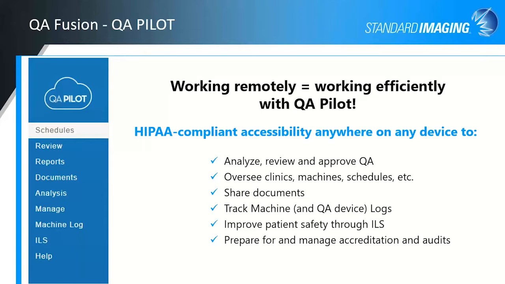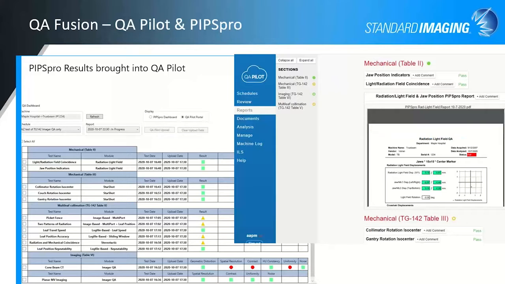Are they overdue or done on time? You can share documents or procedural updates via our document section within QA Pilot. You can track your machines and your QA devices with logs. Again, improve patient safety through incident learning, and prepare and manage for your accreditations. You can do all of that via QA Pilot and do that remotely.